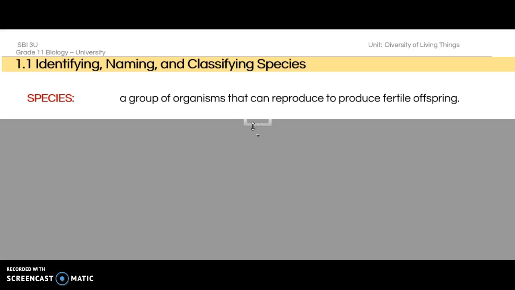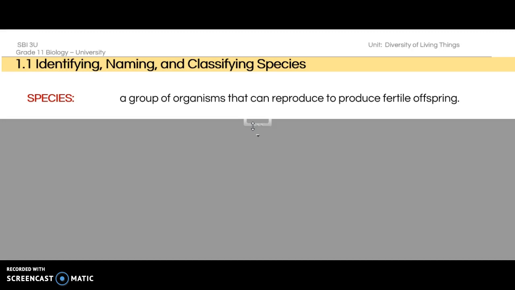So, for instance, we may see situations where organisms in a particular species might try to breed with another species, but unless their offspring is fertile, then those two organisms are not considered to be the same species.